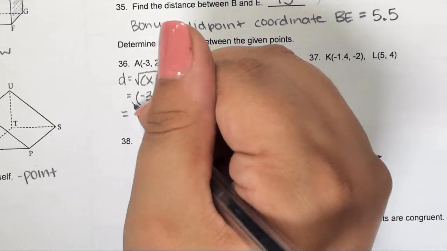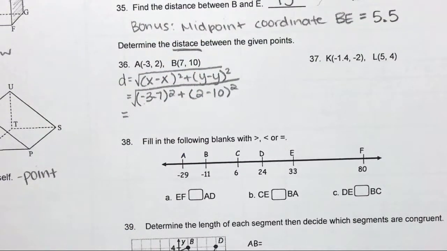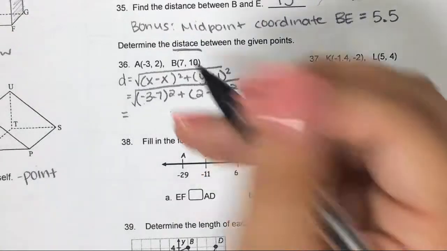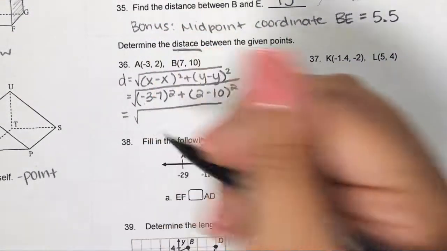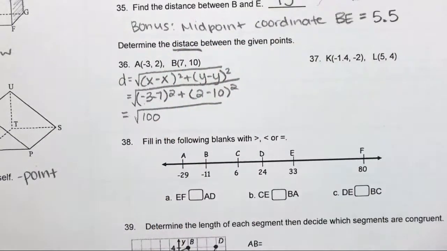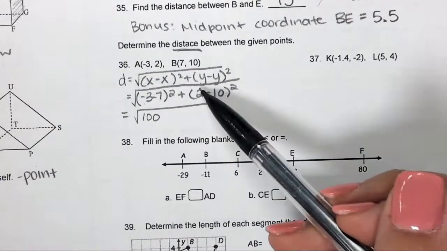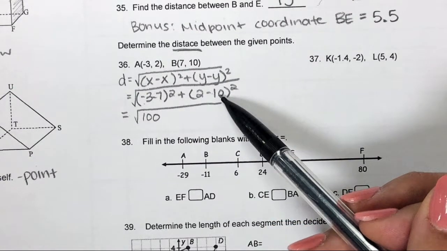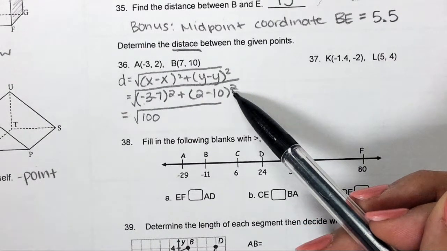Oh, square root. Don't forget that. What's negative 3 minus 7? Negative 10. And what's negative 10 squared? 100. Y'all see how I just went from there to there? What's 2 minus 10? Negative 8. But it doesn't matter that it's negative.